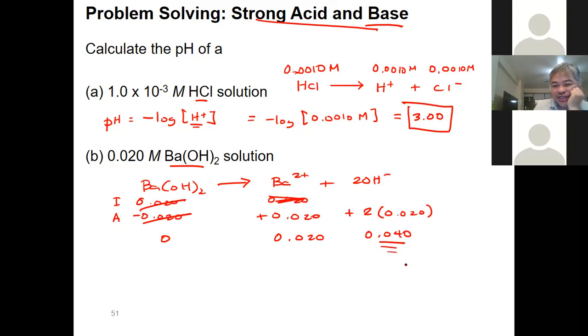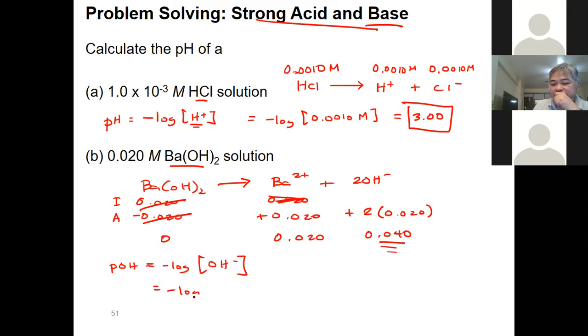Everyone buy this? Bakit nag 0.040 doon? May 2 moles po dun sa OH. Okay, so for every 1 mole of barium hydroxide, you form 2 moles of your hydroxide. And since this is hydroxide, we can start with the POH, negative log of the hydroxide.